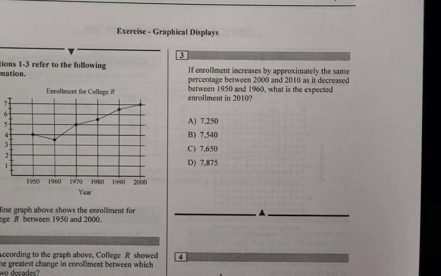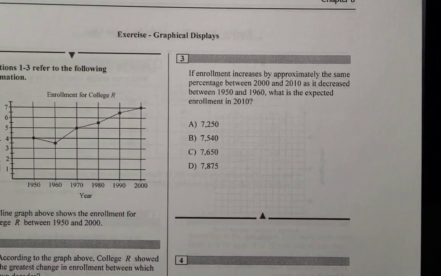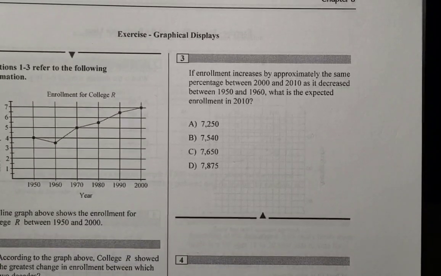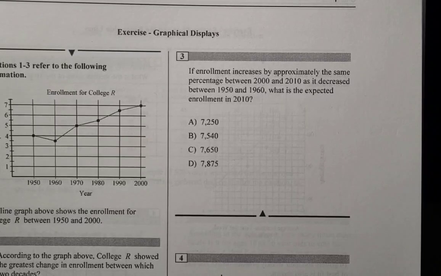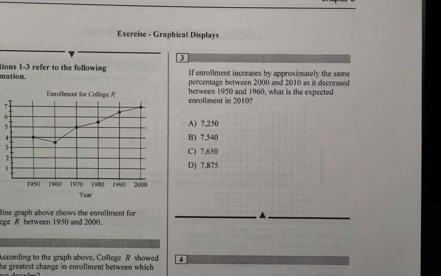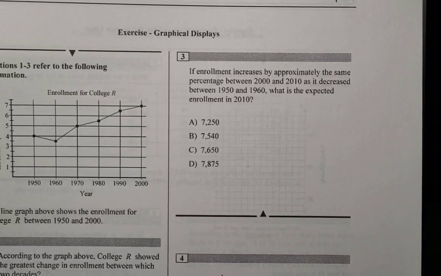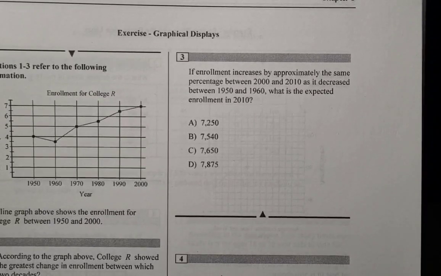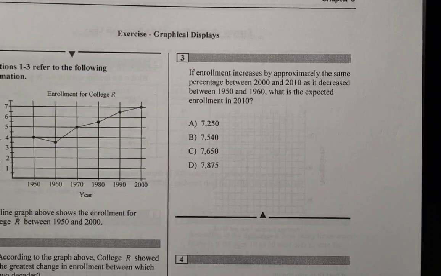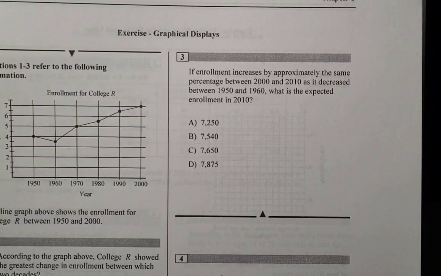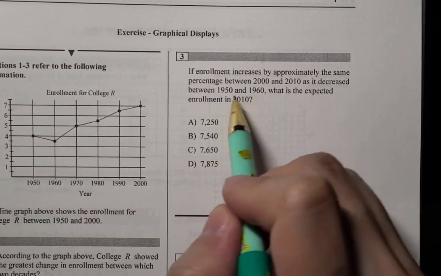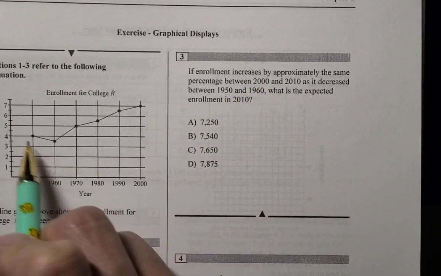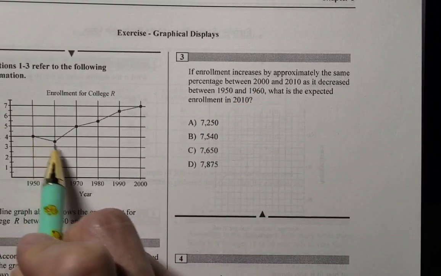If enrollment increases by approximately the same percentage between 2000 and 2010 as it decreased between 1950 and 1960, what is the expected enrollment in 2010? So go ahead and try this one. Between 1950 and 1960, how much did it decrease?